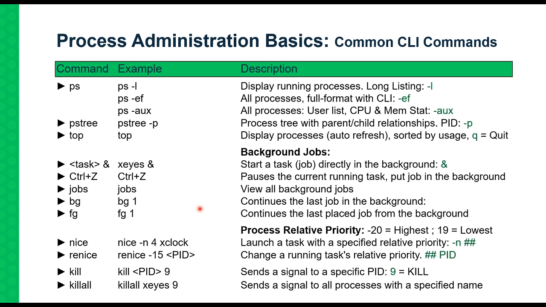Then we can bring the last placed job from the background back to the foreground by running the fg command. And we can also bring any other job to the foreground by using the job number alongside the fg command. So it will be fg, space, job number, and it will bring that specific command to the foreground.